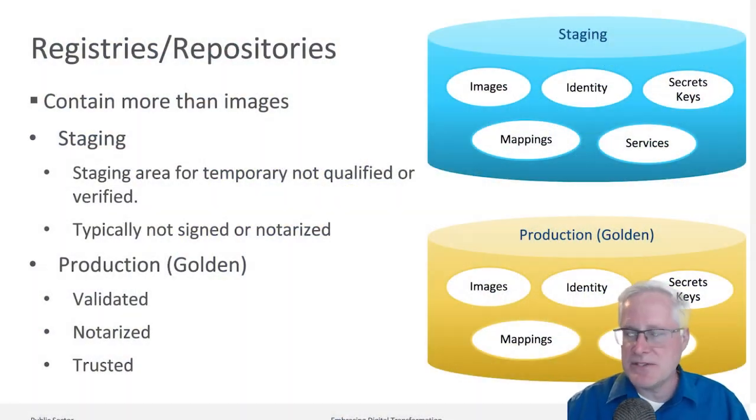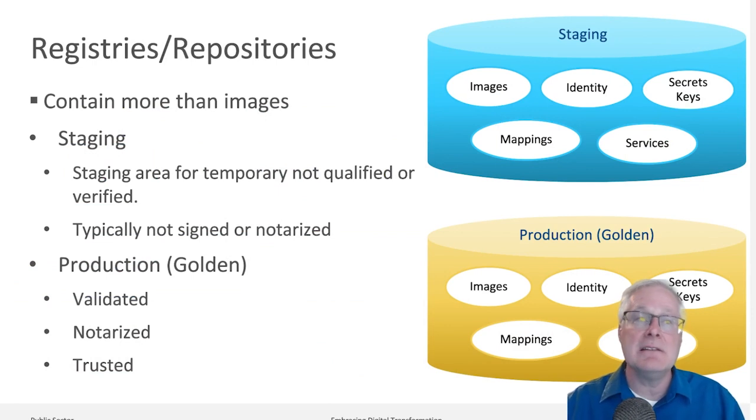Let's talk about registries and repositories. We typically have at least two different types of repositories. One we call a staging repository. This is where I'm generating images, and an image is basically a gathering of all the code that's needed in order to spin up a container, for example.